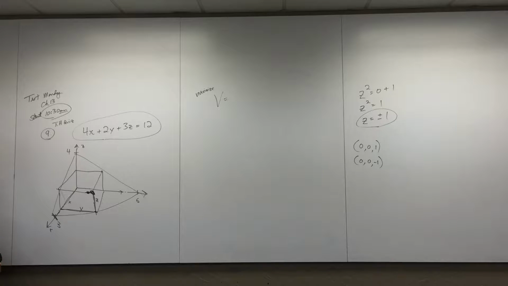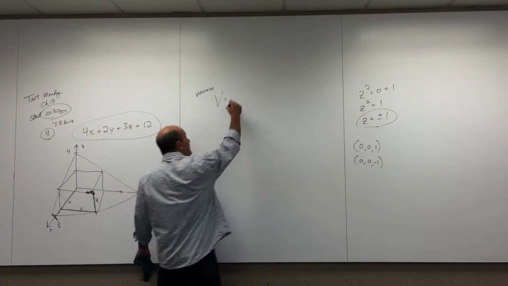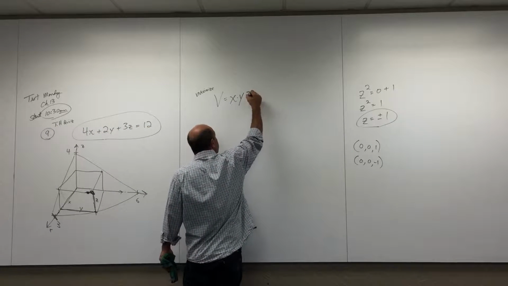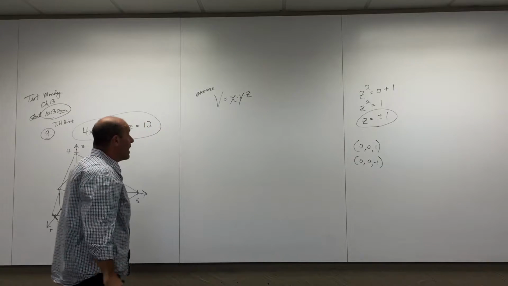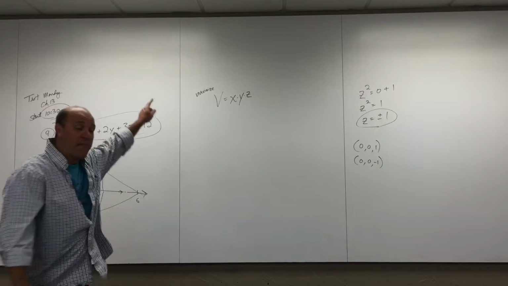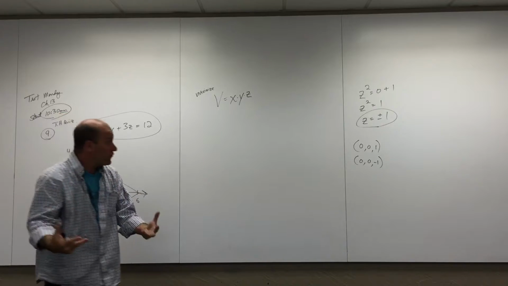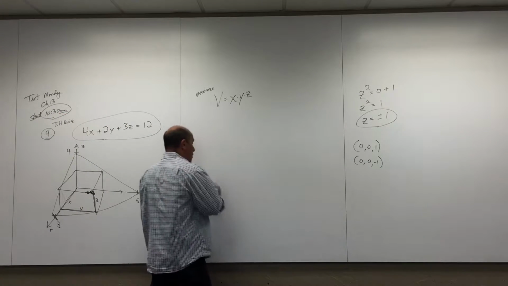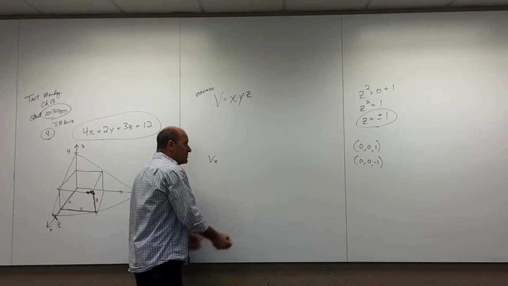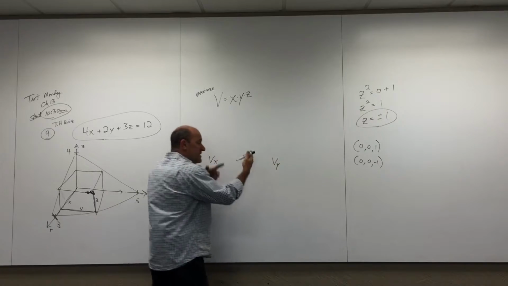So the volume of the box is x times y times z. If that's the equation I want to maximize, I want to do my derivative: Vx, set it equal to 0, and Vy, set it equal to 0.